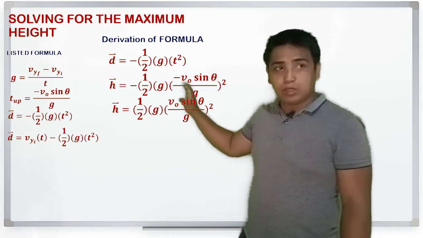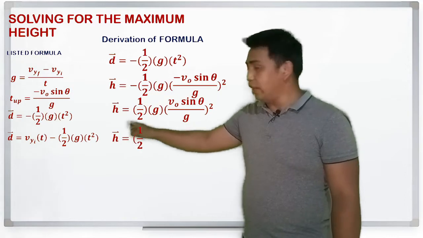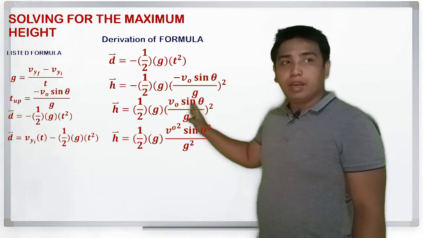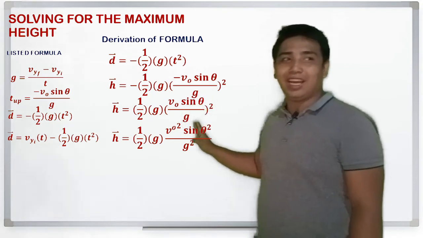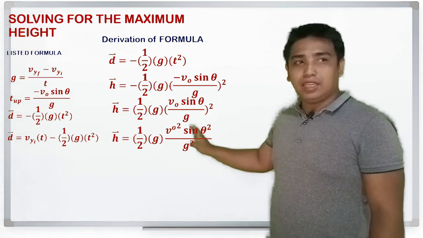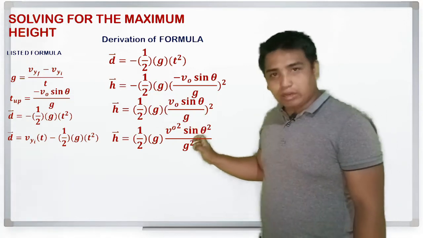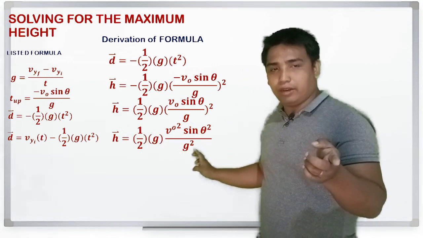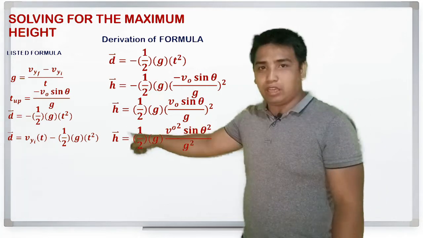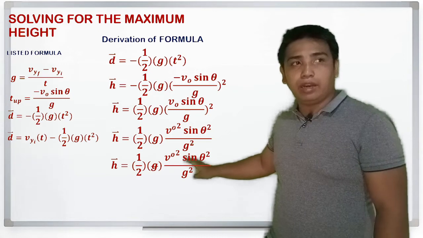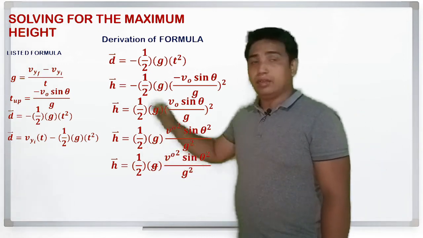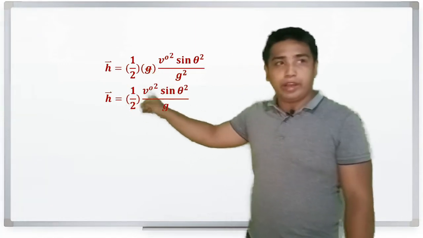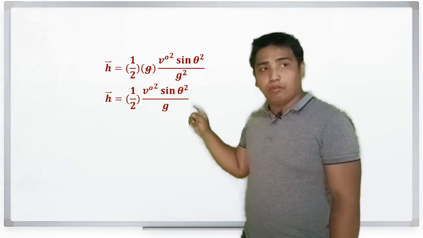When we simplify this, we're going to have h is equivalent to 1/2 g times Vo squared sine squared theta over g squared. You're going to see that g over g squared means this g will cancel out and one g will remain. So your formula now will be h is equivalent to 1/2 Vo squared sine squared theta all over g.